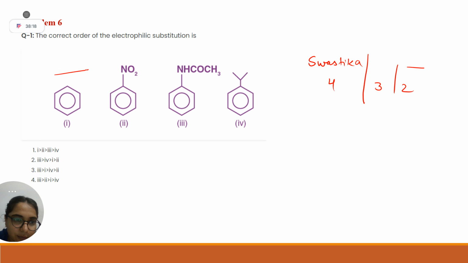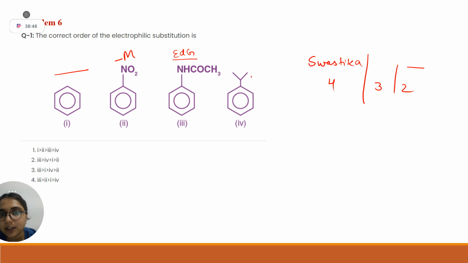This is your neutral molecule, leave it behind. This is your minus M group, because nitrogen will take electron density from the benzene ring. This is your electron donating group. First, you should know clearly which is electron donating and which is electron withdrawing, and electron donation with respect to what? With respect to your benzene ring. Anything which can increase electron density comes under electron donating group. And this is your isopropyl group.